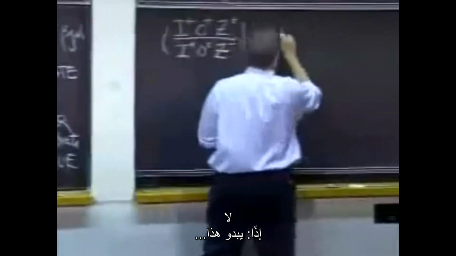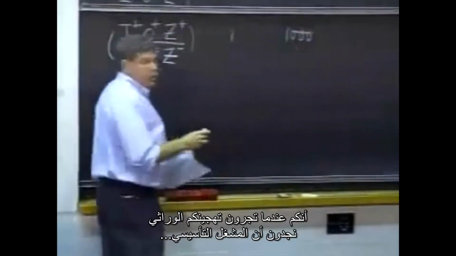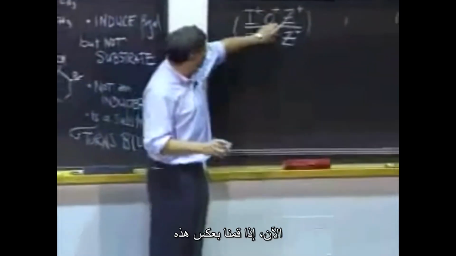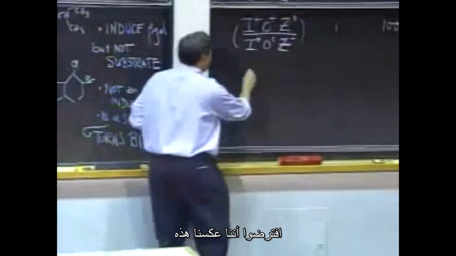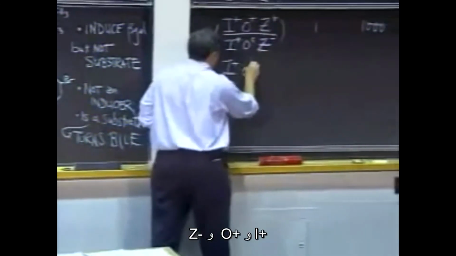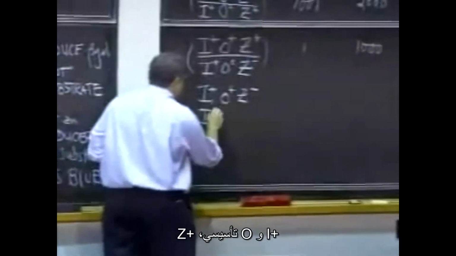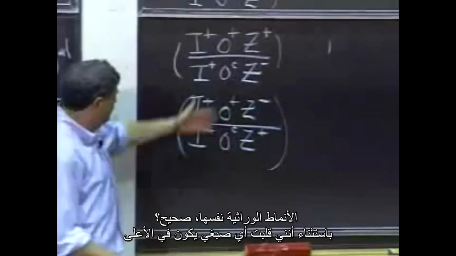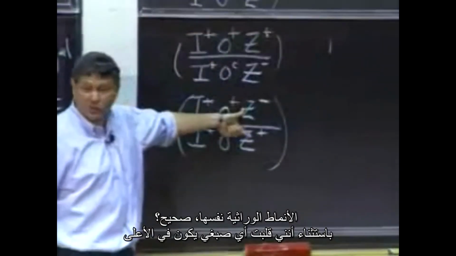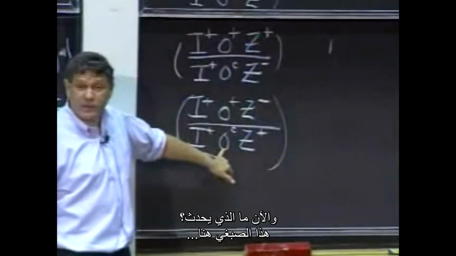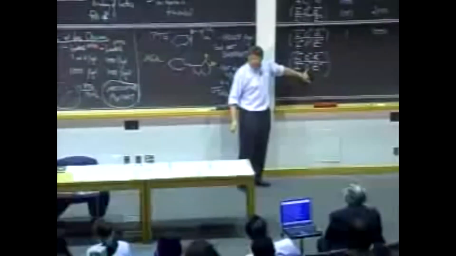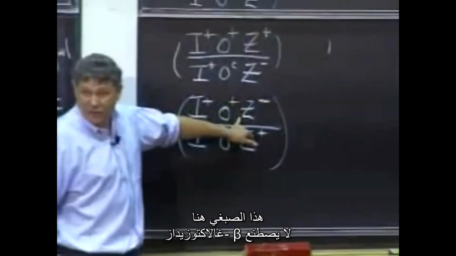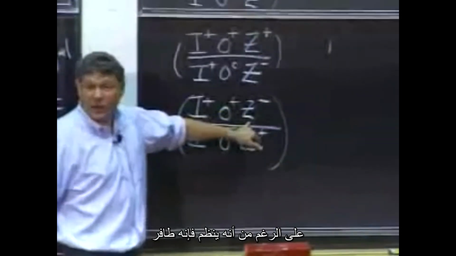No. Now if I reverse these, I plus, O plus, Z minus, over I plus, O constitutive, Z plus, same genotypes, right, except that I've flipped which chromosome these are on. Now what happens? This chromosome here is always making beta-gal, and it works. This chromosome here is not making beta-gal. Even though it's regulated, it's a mutant.